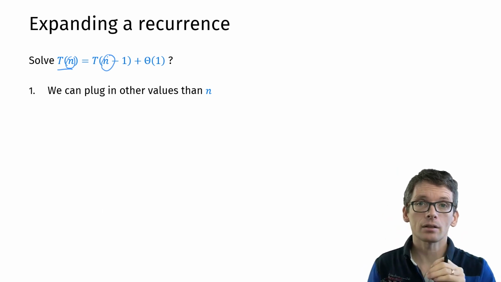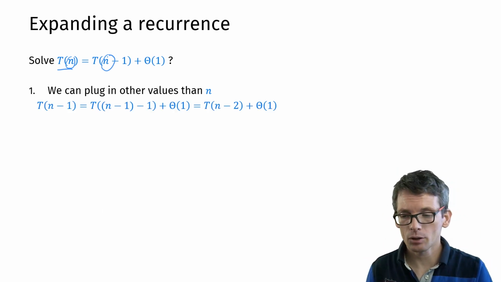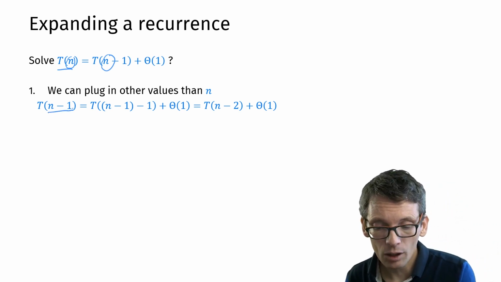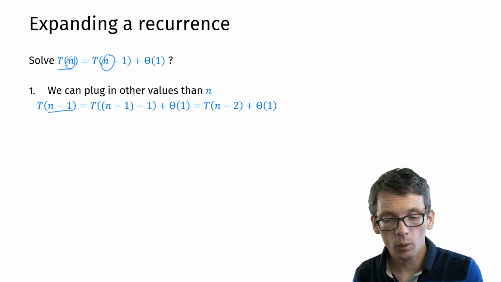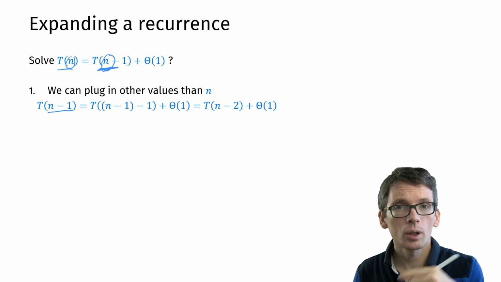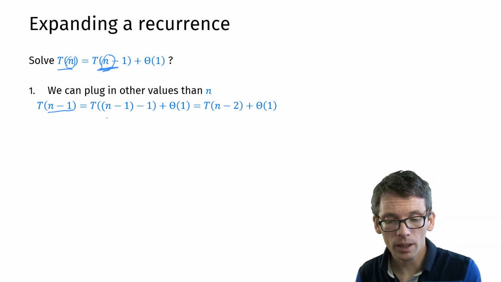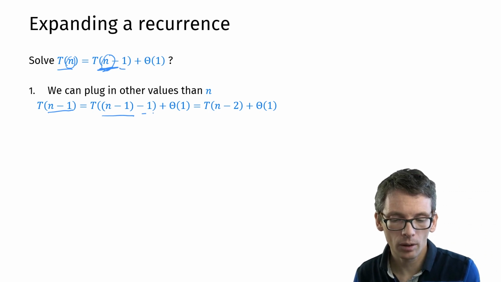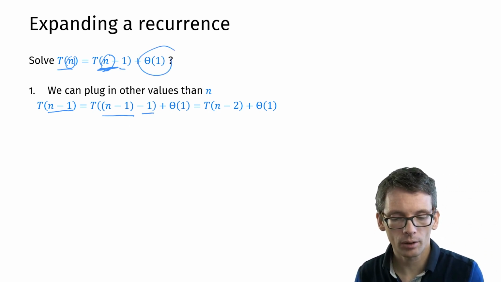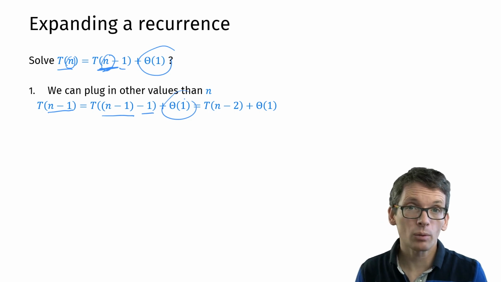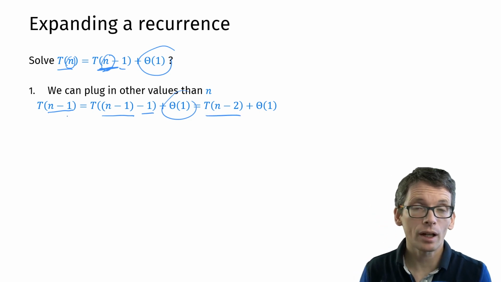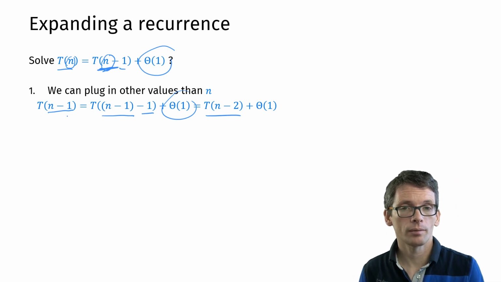So for instance, assuming n is at least 2, we can look at the recurrence where we plug in n minus 1 instead of n. Now we also have to replace the n by n minus 1 on the right-hand side. What does that mean? We get n minus 1, and then this minus 1, plus this term. So n minus 1 minus 1 is n minus 2. So T of n minus 1 is T of n minus 2 plus theta of 1.